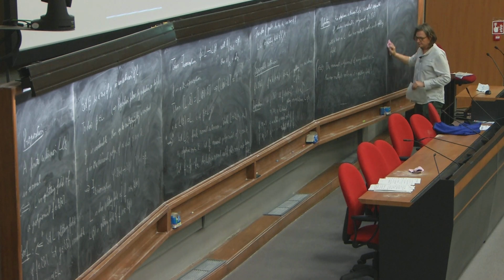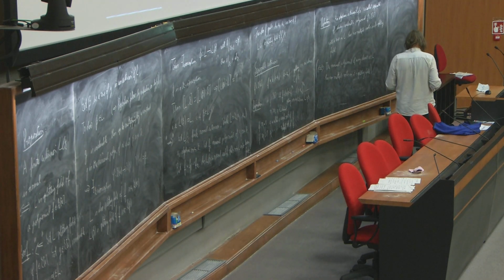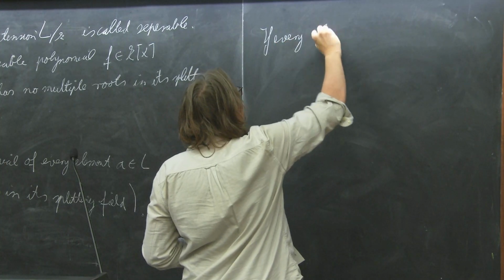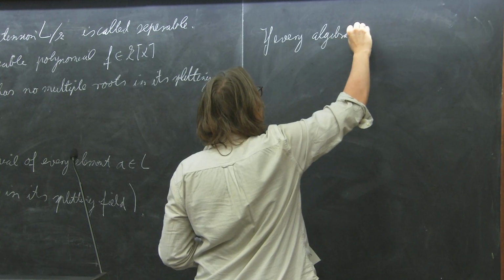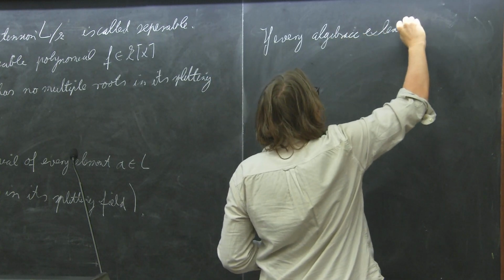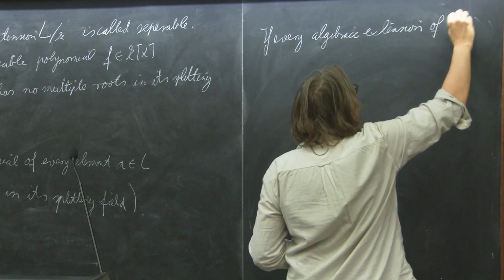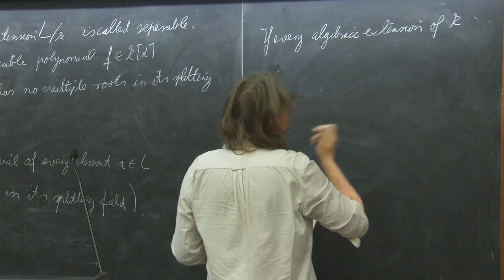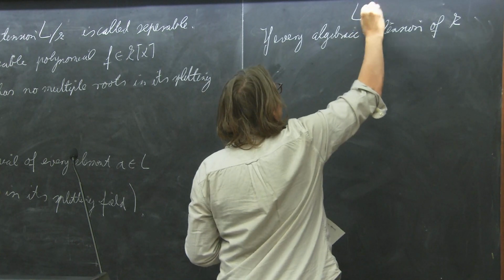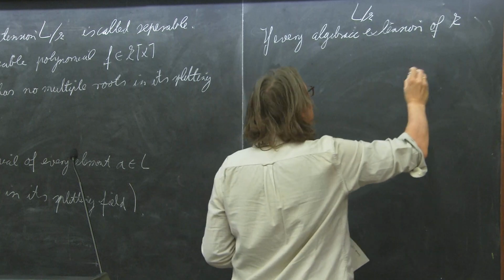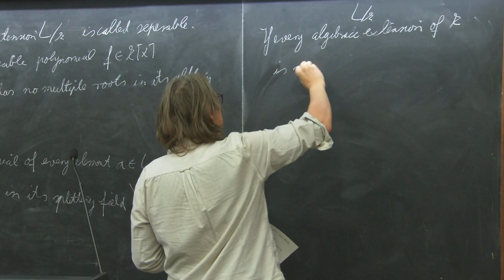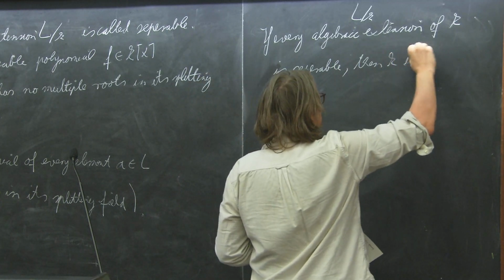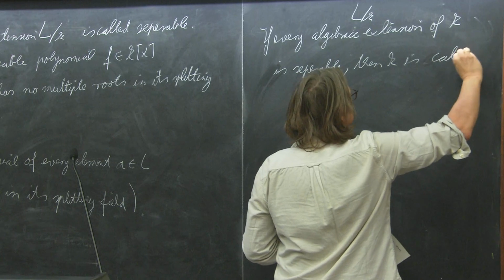I don't know precisely why things are called like that, but this is the standard word. So if every algebraic extension L over K of a field K is separable, then K is perfect.